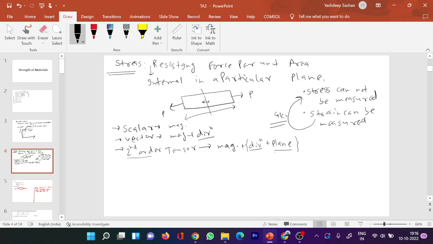Now, how did we define stress? Internal resistance force per unit area.